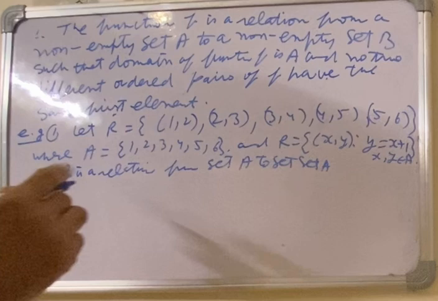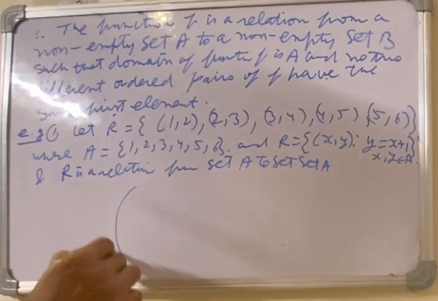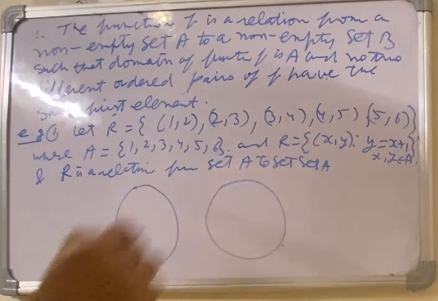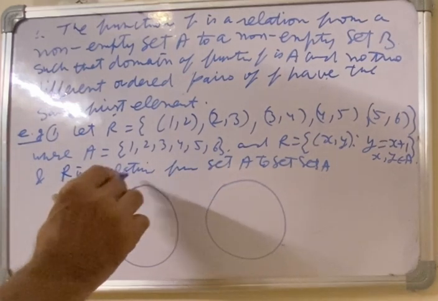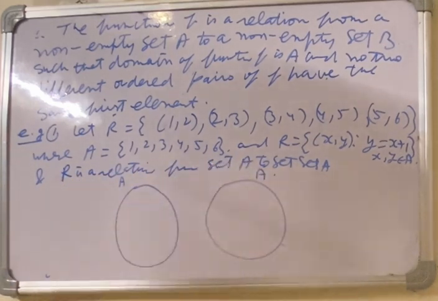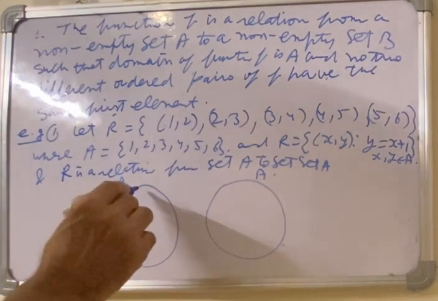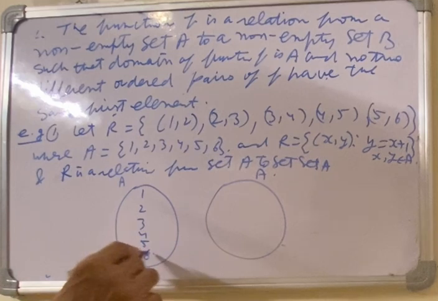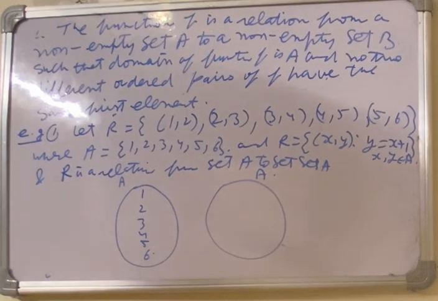Therefore, we should depict this relation by this figure. A, A. We have 1, 2, 3, 4, 5, 6.